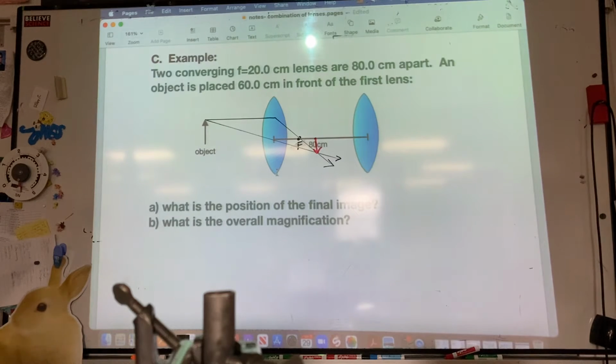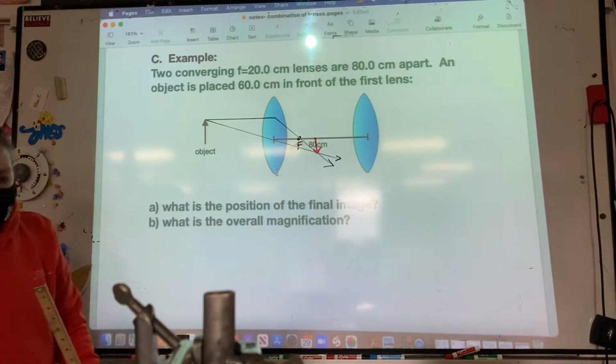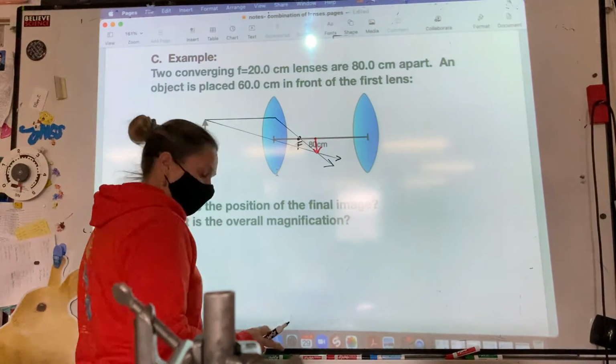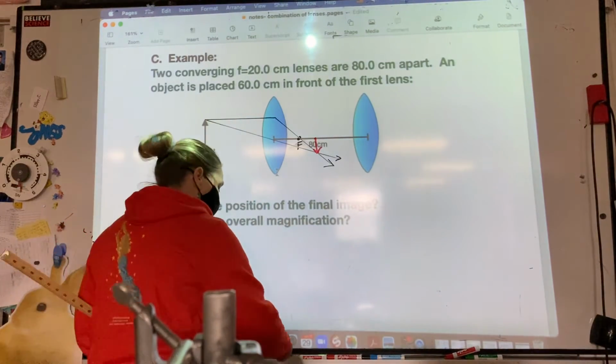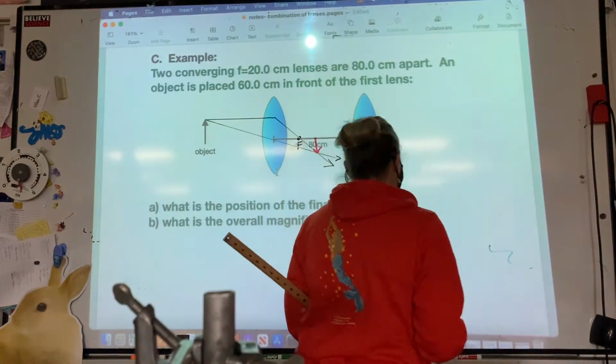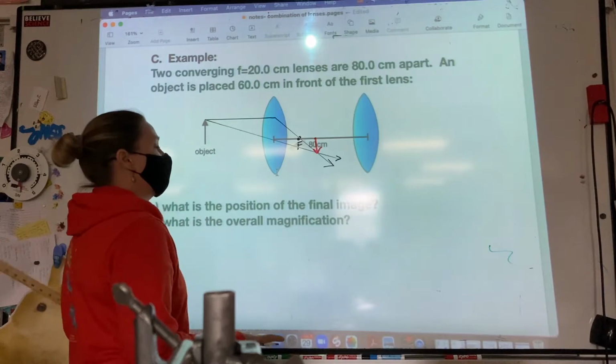Let's look real quick at what happens next. We're not used to starting with something upside down, are we? So if this is upside down, what do we do? Same thing.